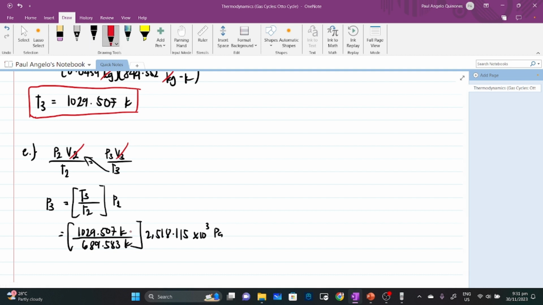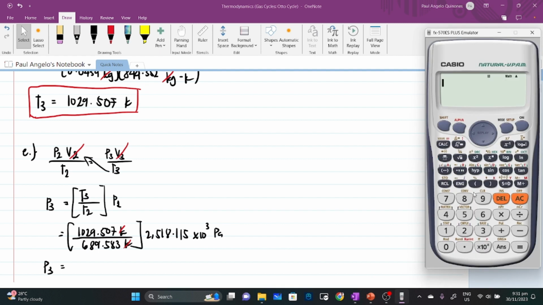As you can see, Kelvin cancels, leaving us with P sub 3 equal to 1029.507 divided by 689.583 times 2518.115 times 10 to the third.